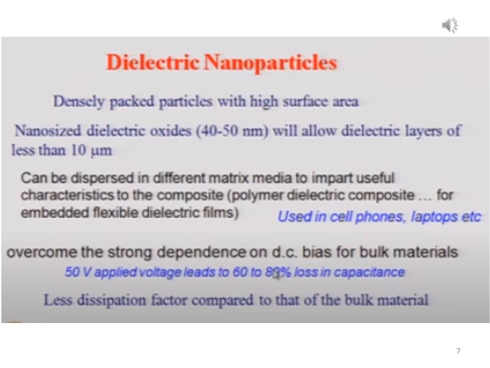because of the polymer it will have flexibility, and then you can make what are called flexible dielectric films or embedded dielectric films, where the dielectric nanoparticles are embedded within this polymer film. If you use a polymer with these dielectric nanoparticles, then you can prepare these flexible dielectric films, which are also known as embedded dielectric films, because in this the dielectric nanoparticles are embedded within these polymer films, and these are flexible.